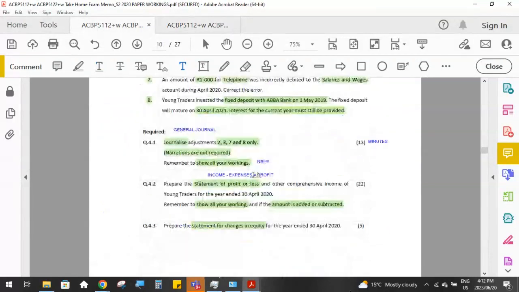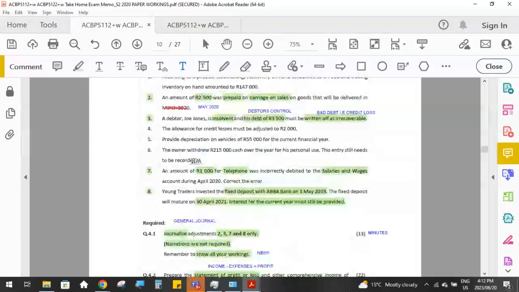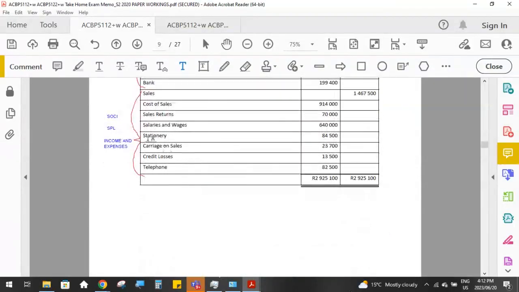Okay, so that should have taken you no longer than 13 minutes to do that. The next thing that we've got to do for 22 marks in 22 minutes is prepare the statement of profit or loss. Remember to show all our workings and all our adjustment amounts as well. So again, we know what we're starting off with, but these are the accounts that we've already got.